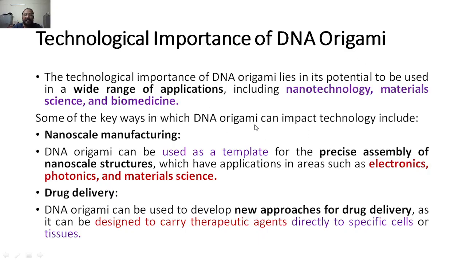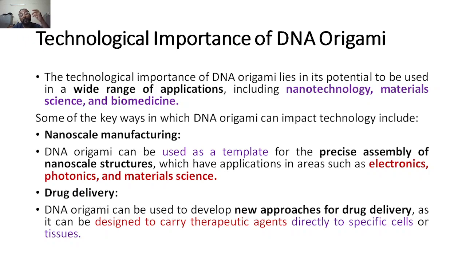Now some of the key ways in which DNA origami can impact technology. The first is nanoscale manufacturing. We can create nanostructures of whatever size we want. If I want 10 nanometer, I can have it. If I want 20 nanometer diameter, I can have it.